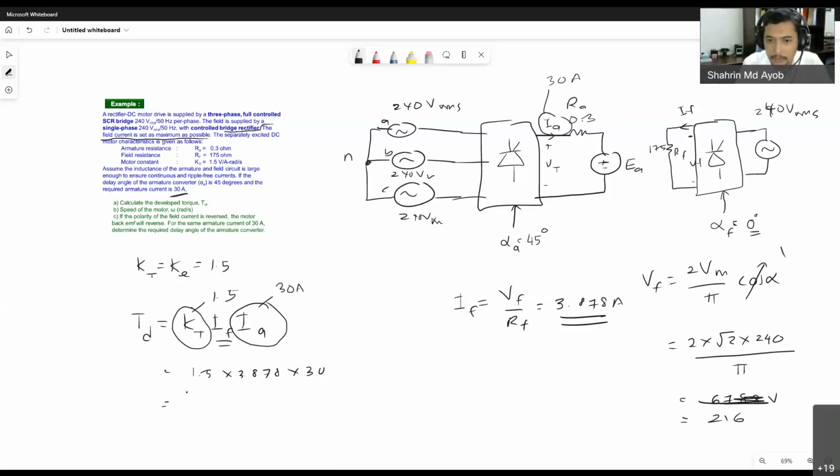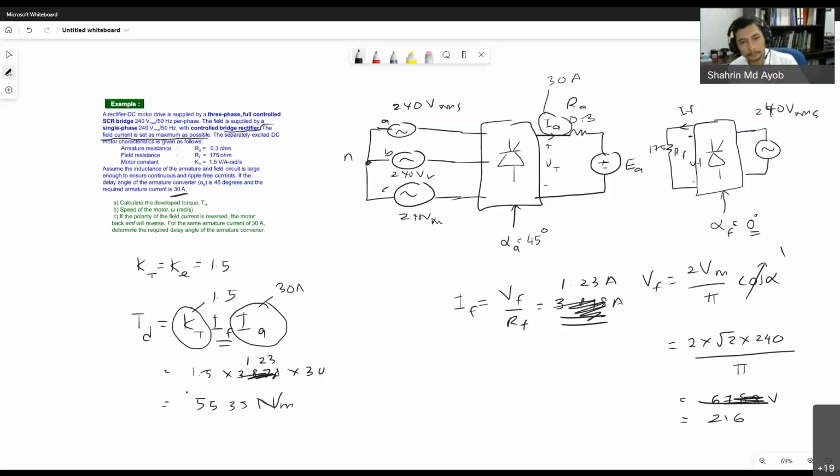So 216, this one should be over 175. So 1.23. Yes. So this one should be 1.23. So 1.5 multiplied with 1.23 multiplied with 30 amperes, you should get 55.35 Newton meter.